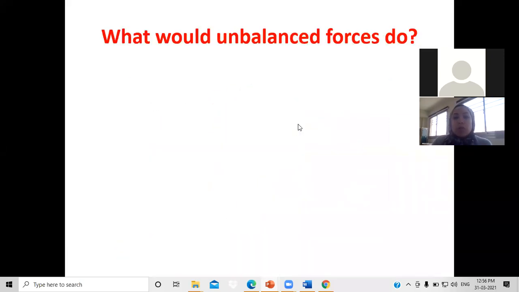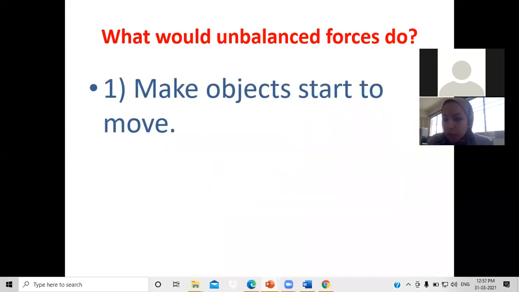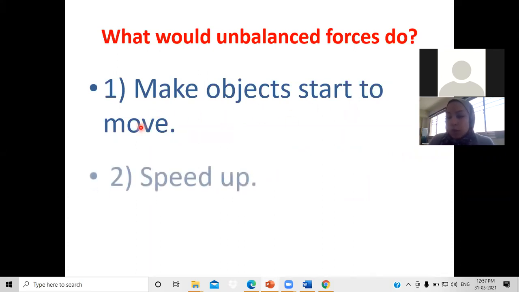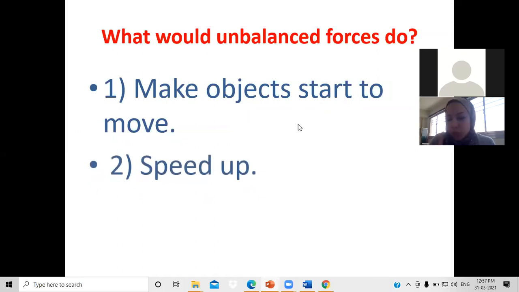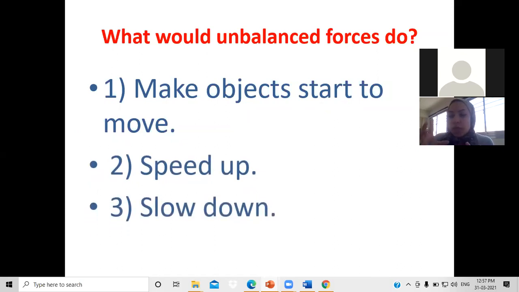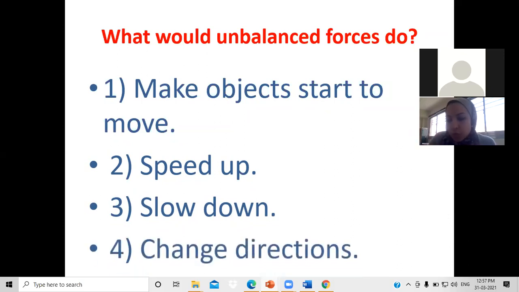All right. So what would an unbalanced force do? Everything that we talked about yesterday. We said that forces could be the reason an object starts to move, or the reason to change the direction of an already moving object.